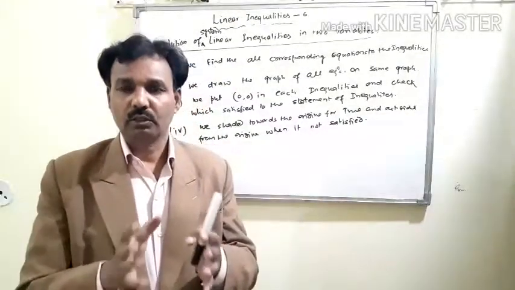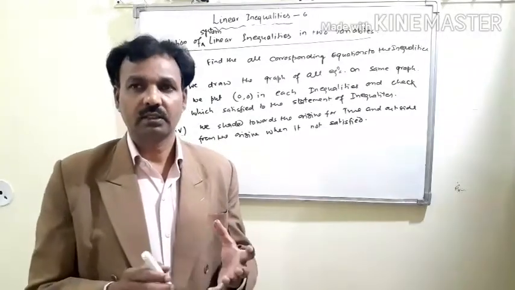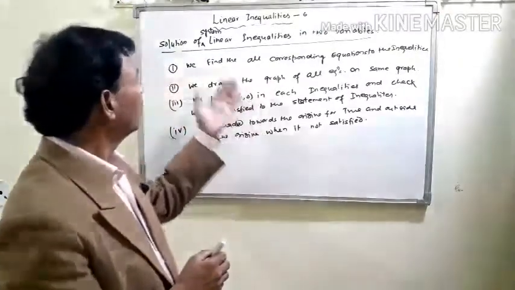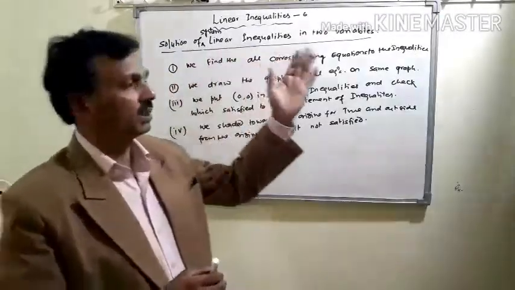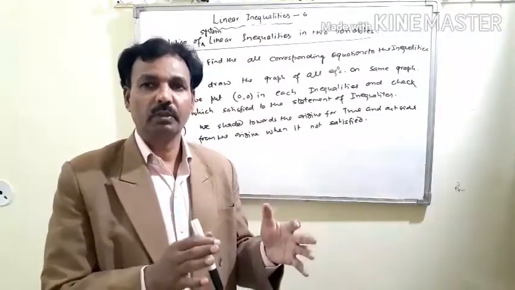The region which we find darkest, that region is known as the solution of the system of linear inequalities. Those regions which will be darkest.